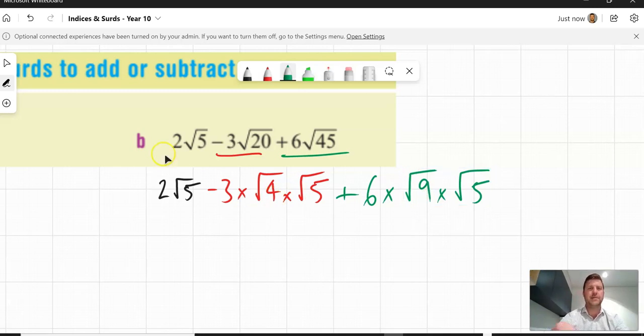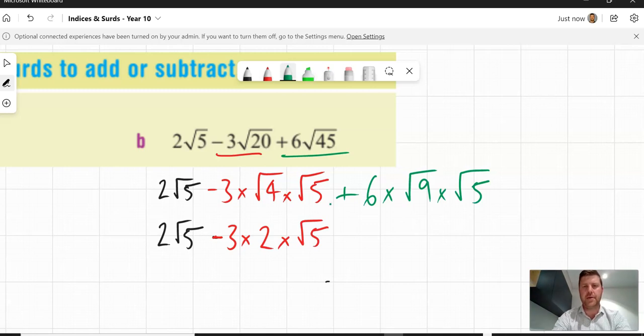So now I'm going to go ahead and simplify this even further. So 2 root 5 stays the same. Minus 3 times square root of 4 times the square root of 5 can be written as minus 3 times 2 times the square root of 5, and positive 6 times the square root of 9 times the square root of 5 can be written as positive 6 times 3 times the square root of 5.